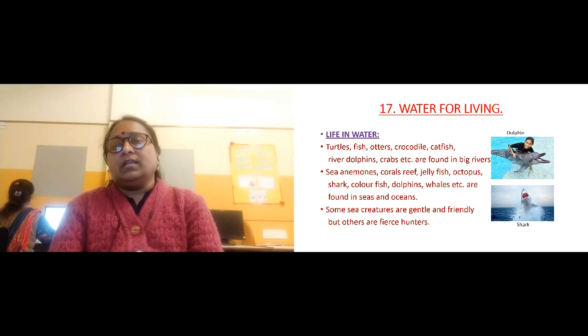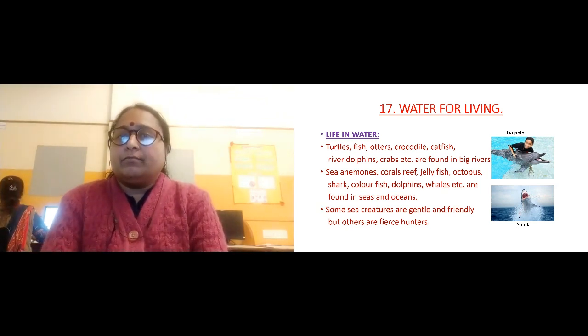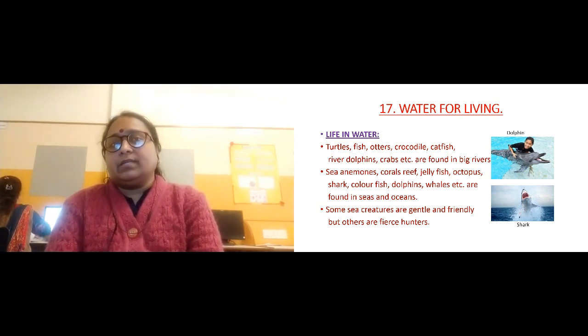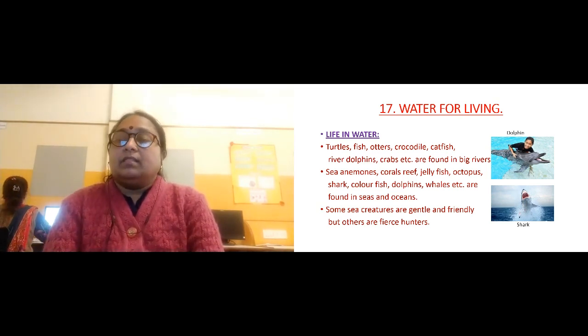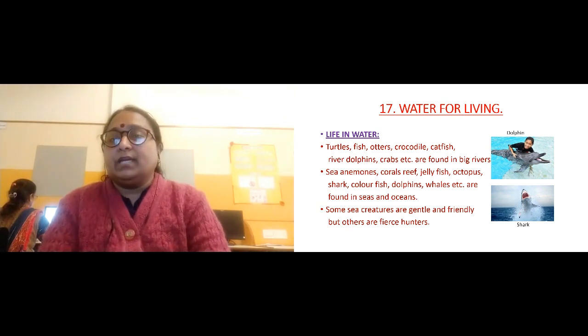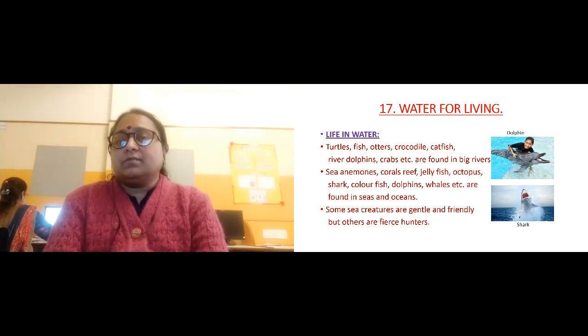In seas and oceans, some animals are very friendly, whereas others are fierce hunters. They have sharp teeth. They may kill. When you are swimming, if you wade inside the sea, there is a possibility that sharks may attack you.